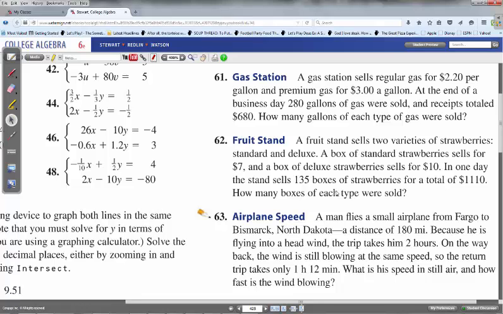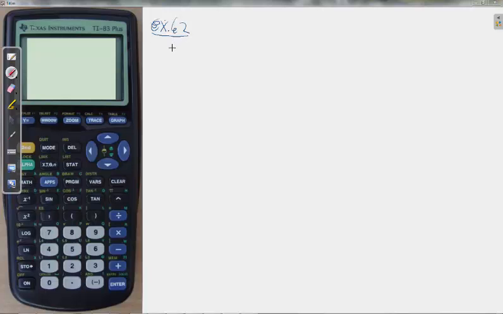Well, this is an application of a system, and the difficult part, as always with application problems, is that you have to build your equations. But just look at what they give you. They told us how many boxes we sold, and notice that's what they're asking. They want to know how many boxes of each type, so those should be our variables. We have standard strawberries, which I don't usually use S for because my S's look quite a bit like my 5's.